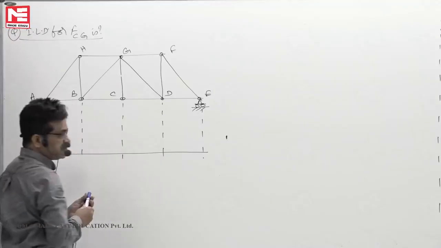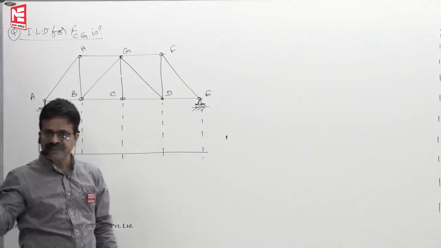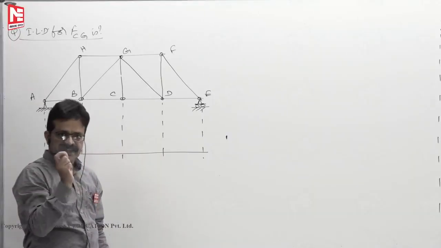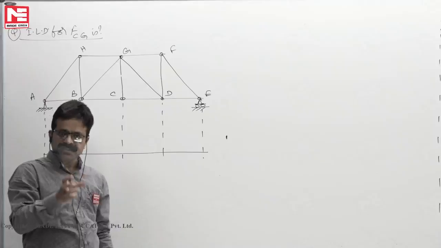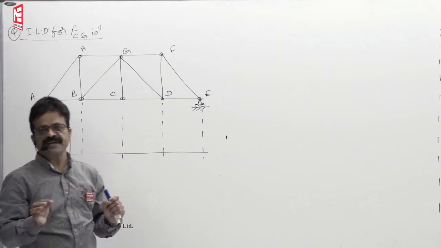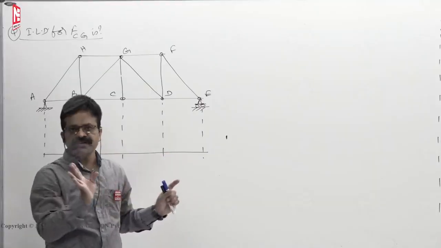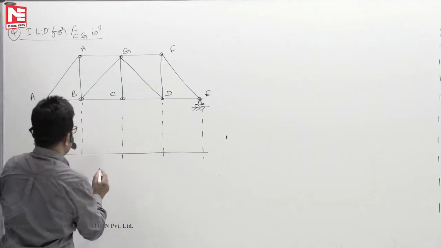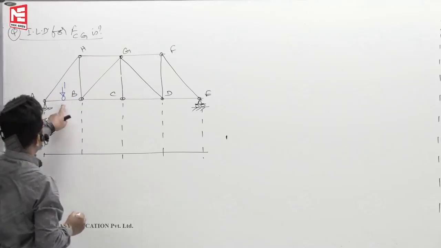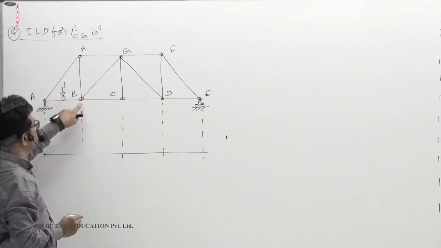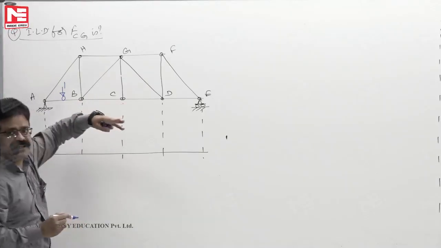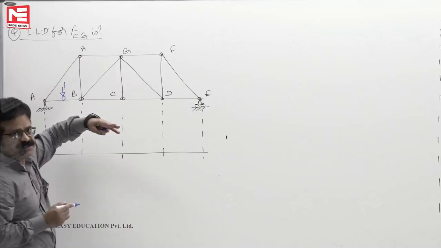For such problems only I told you when load is moving on the rail, not on the truss. So when the load is moving on the rail, how the load gets transferred from the rail to the cross girders? We should have clear picture, otherwise this type of problems you cannot solve. Now you see, when the load is here, part of the load goes to A, remaining goes to B, but nothing goes to C because it's like a simply supported rail is the assumption.